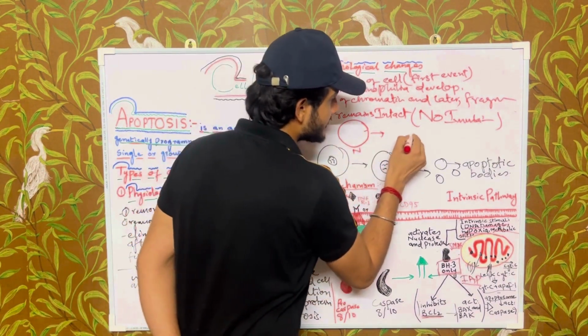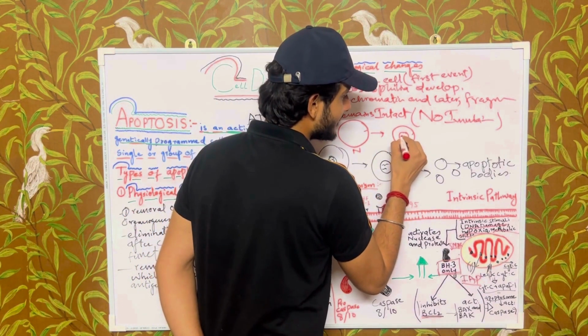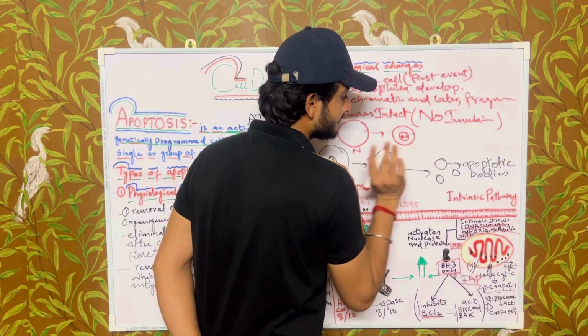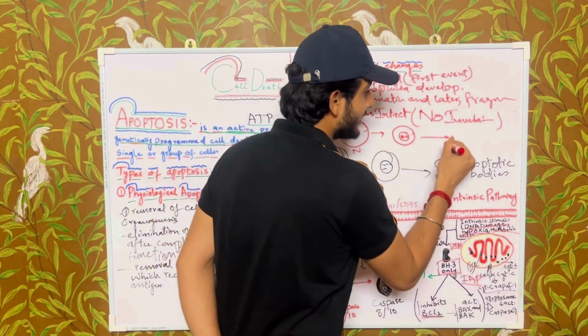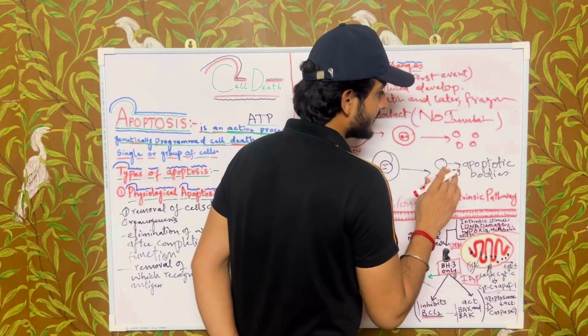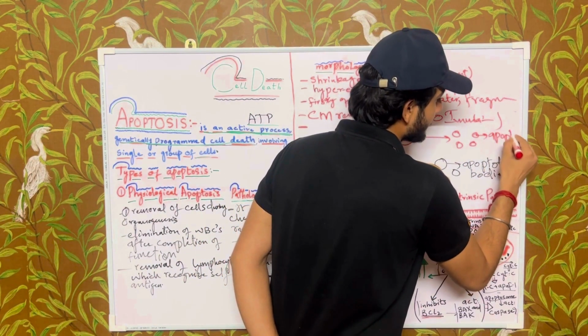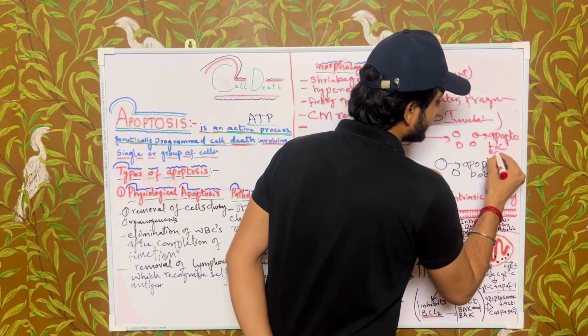During apoptosis this cell first shrinks. The chromatin in this cell first gets condensed, then there will be fragmentation of this chromatin. Due to the fragmentation of this chromatin, the cell starts dividing into certain membrane-bound bodies known as apoptotic bodies. So apoptotic bodies are formed.